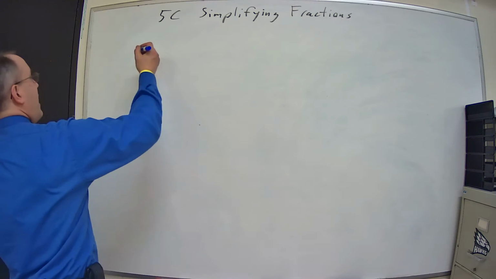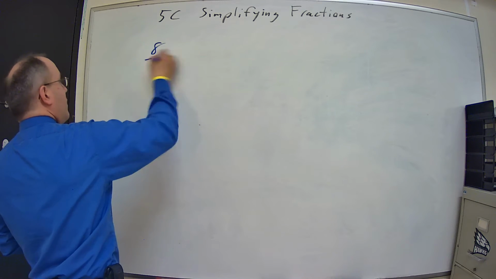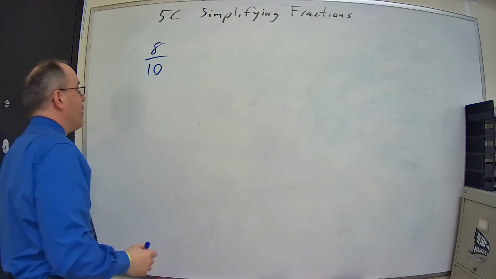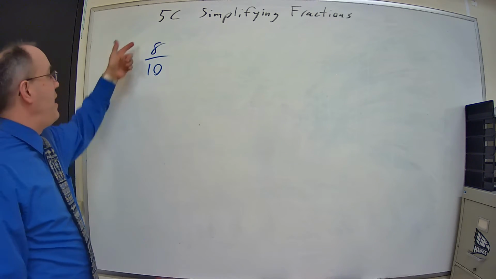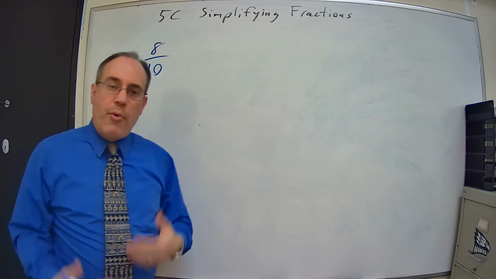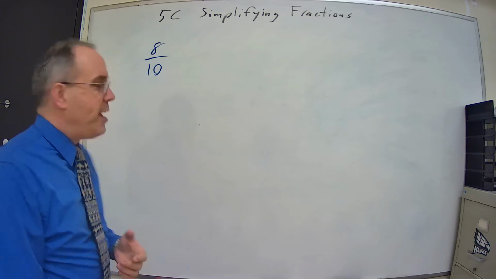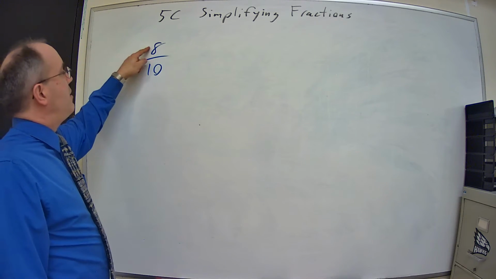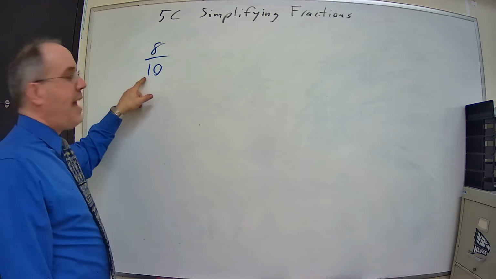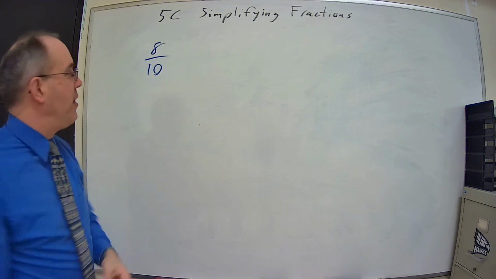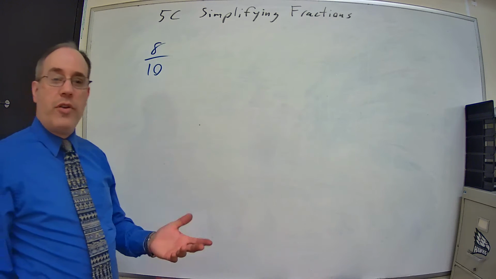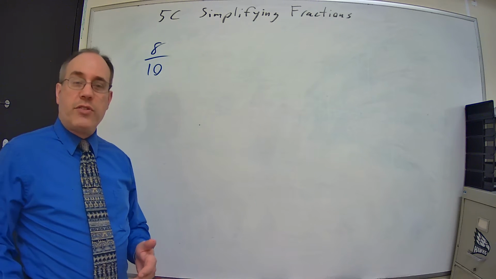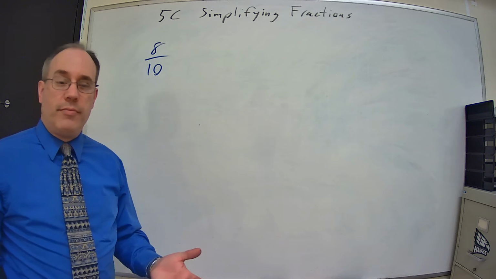So what if I have 8/10? Well, 8/10, so that's a proper fraction, right? 8 is smaller than 10. But we should be able to look at that right away and say, well, wait a second. 8 is an even number. 10 is an even number. Therefore, both of these numbers, the numerator and the denominator, are divisible by 2.